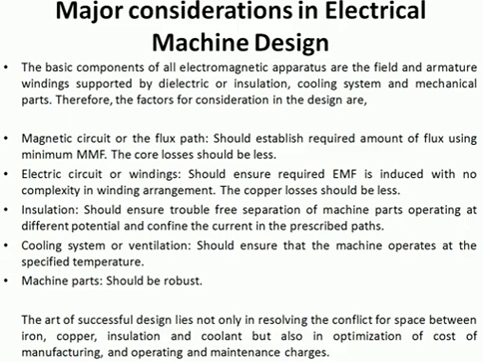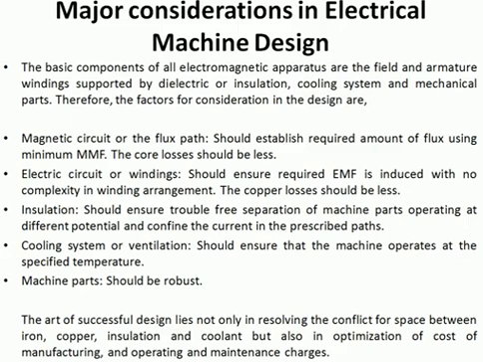Next, let's look into the major considerations in the electrical circuit. You all are very aware that whenever you are designing an electric circuit, the copper loss must be maintained at minimum. So the design must be in such a way that the I square R loss is very small. And in the case of electrical machines, you also must ensure that the required EMF is induced in the windings.